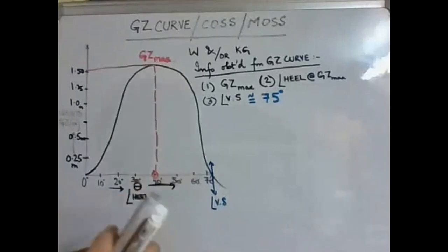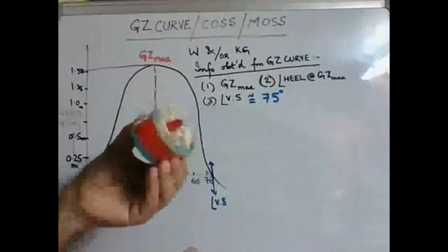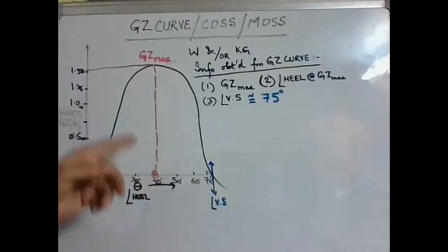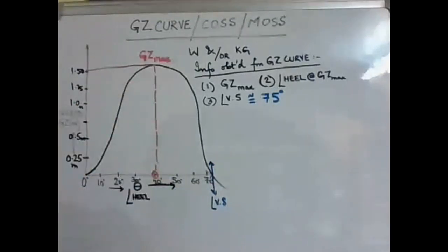So after vanishing stability, the vessel will capsize and sink for sure, because it has lost its own inherent ability to right itself back.